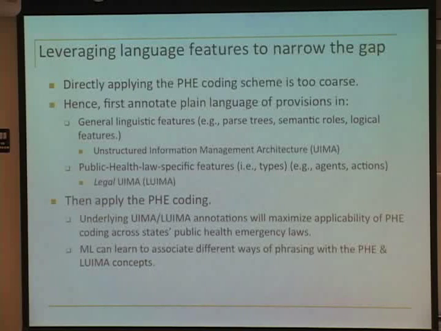Our hope is that the underlying UEMA and LUEMA annotations will maximize the applicability of the coding across states' public health emergency laws, and that the machine learning can learn to associate different ways of phrasing with the PHE concepts.